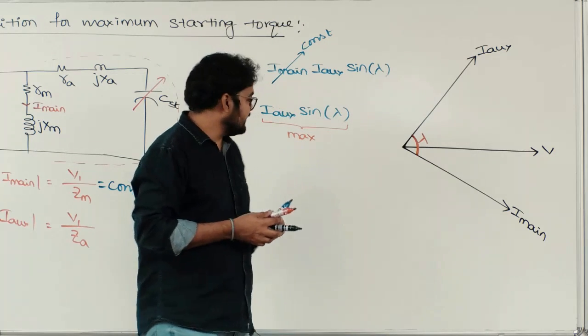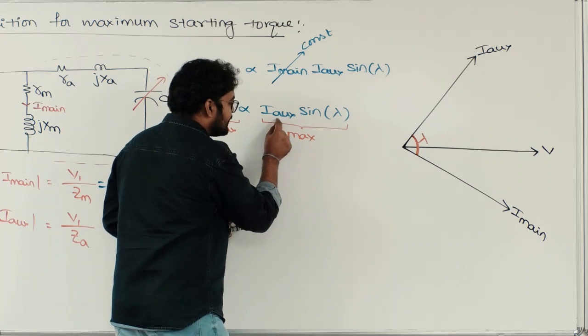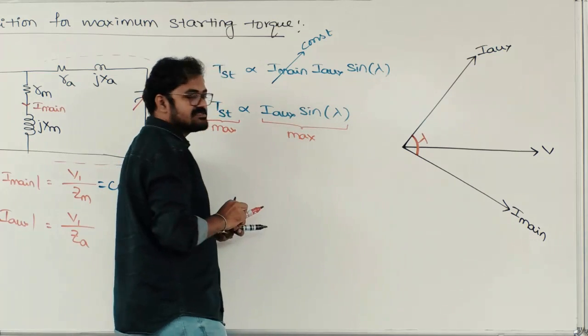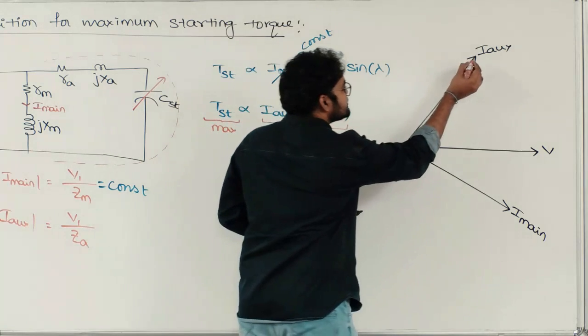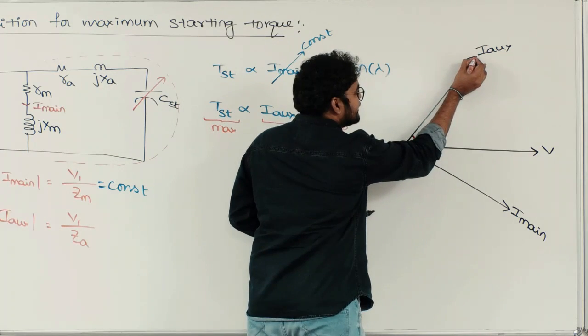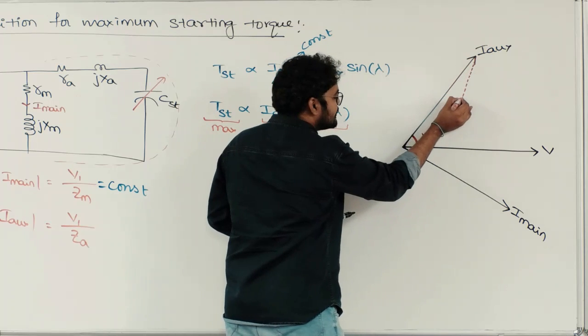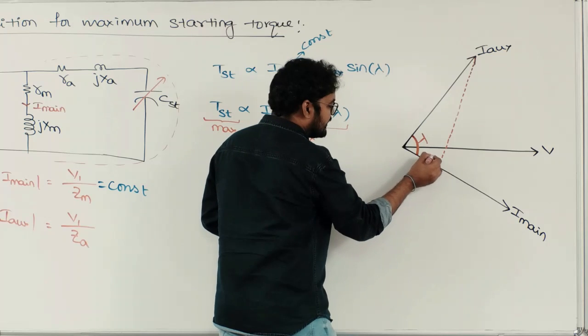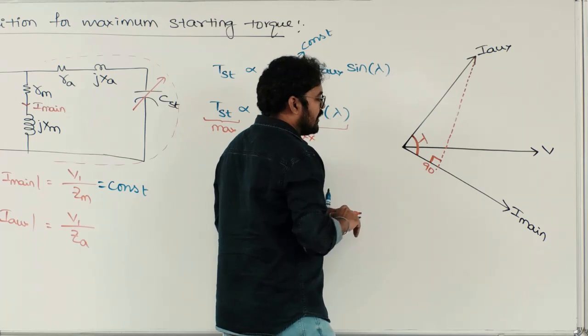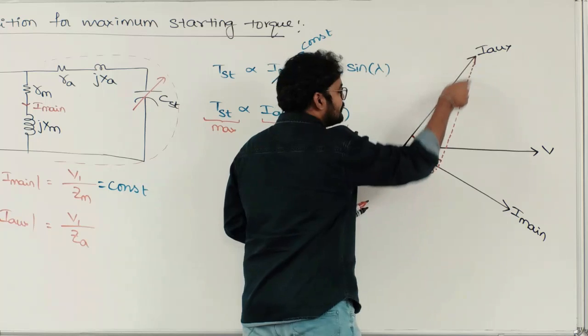But our requirement is we need I auxiliary sine lambda. So for that purpose what I will do is that I will just draw a 90 degrees line from this auxiliary current phasor onto this main winding current such that it is making 90 degrees here. Are you observing a right angular triangle now?